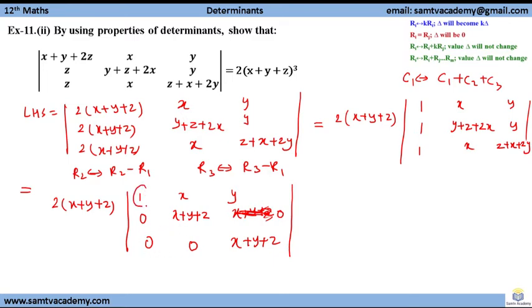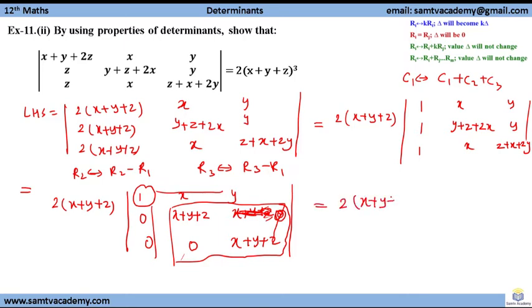So we have to expand along this, and this will go off. So this term will remain. Here it is 0. Now if we expand with x plus y plus z, what are we getting? x plus y plus z square.